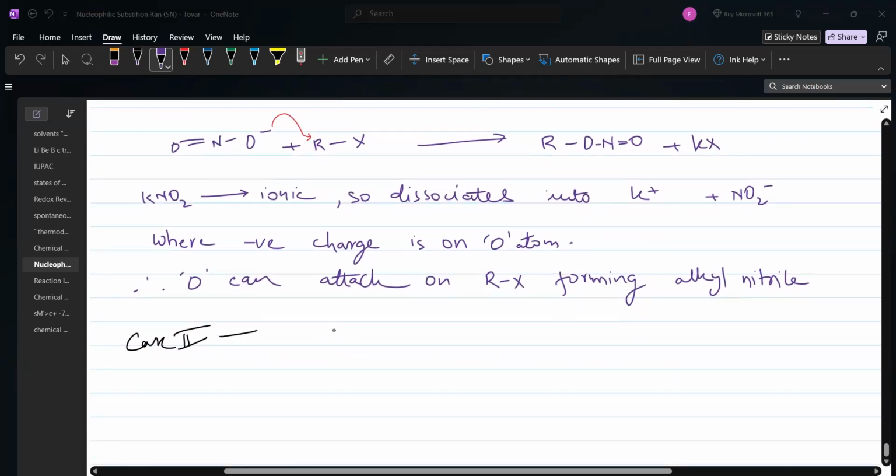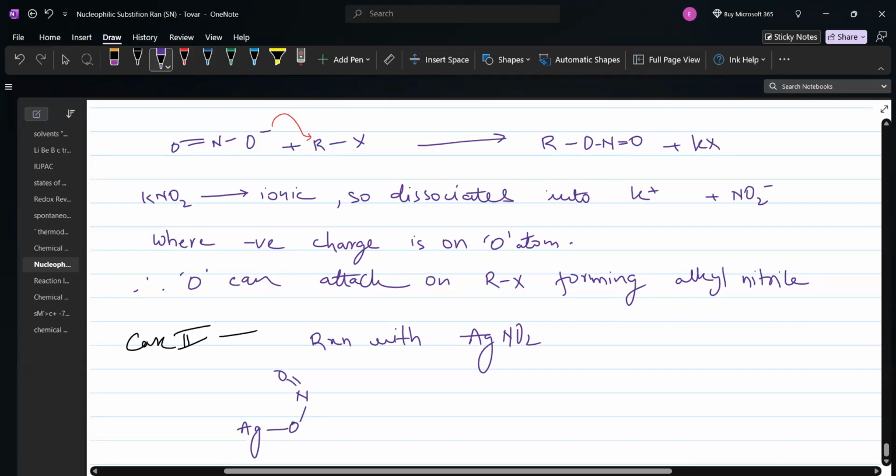So let's see the second case, in which we will be having reaction with AgNO2, and what will happen? Let's see. This is the structure of AgNO2, and O has already made a covalent bond with silver. Nitrogen has a lone pair on it, and it will readily attack on RX. No problem at all. It will attack on R, and you can guess what it will form: a bond with nitrogen.